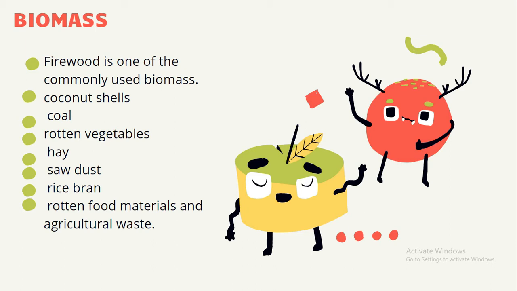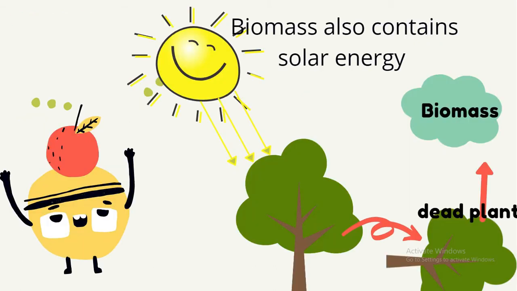Here, biomass also contains solar energy. I will explain it simply. You already know the process of producing food, that is called photosynthesis. In that process, the sun's energy or solar energy is used to produce food in green plants.